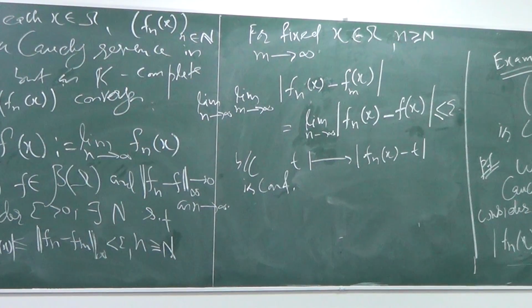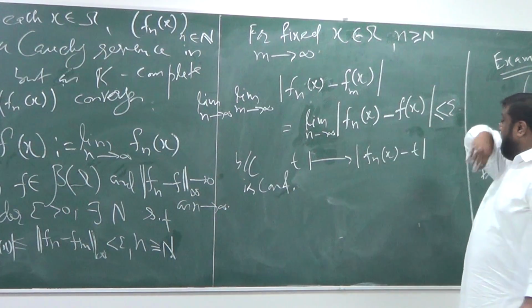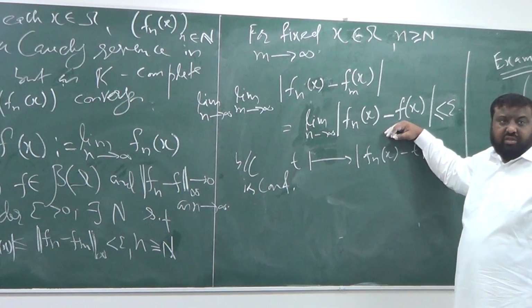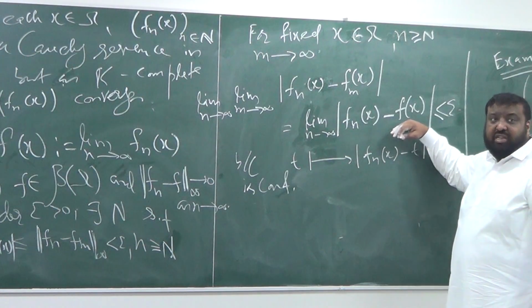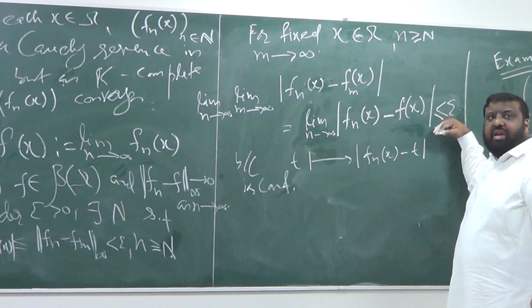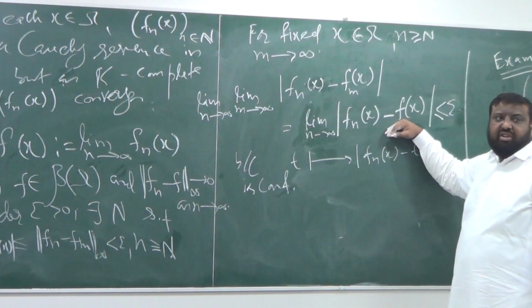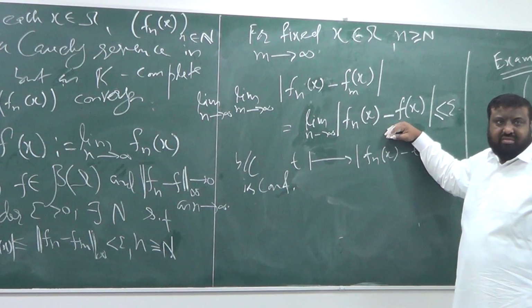The next thing is to turn this expression into the infinity norm expression, so that I can estimate this by epsilon. How can I turn this into the infinity norm expression? By just taking the supremum.